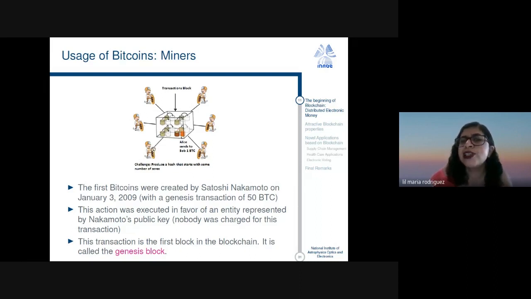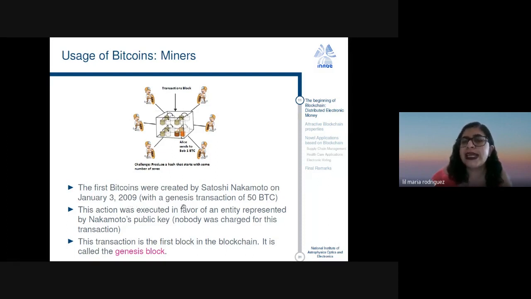The challenge consists of producing a digest that starts with some number of zeros. This number of zeros is called the difficulty. The first Bitcoins were created by Satoshi Nakamoto on January 3rd of 2009.